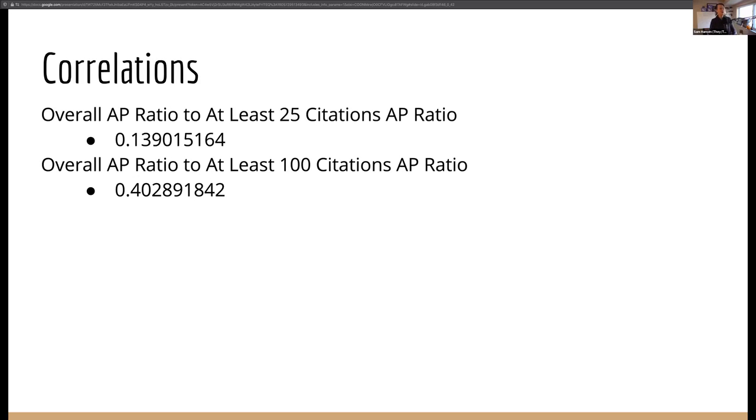Also really interesting, there's more correlation between the overall and the 100 than there is between the overall and the 25. So bumping up to a higher number of citations actually gives us a higher correlation. That 0.13 between overall and 25, and then that other one from 25 to 50, I think those together just end up getting us to the 100.